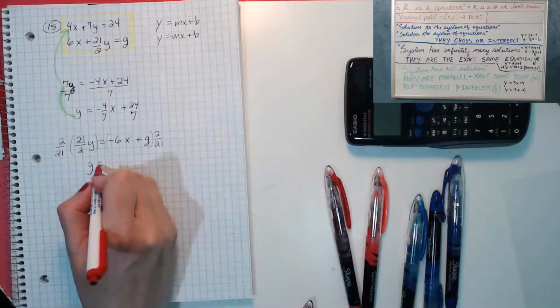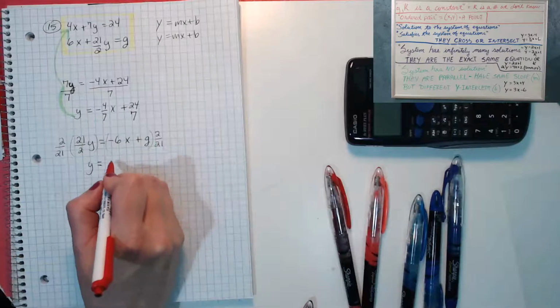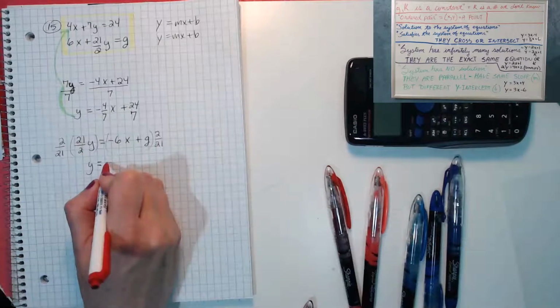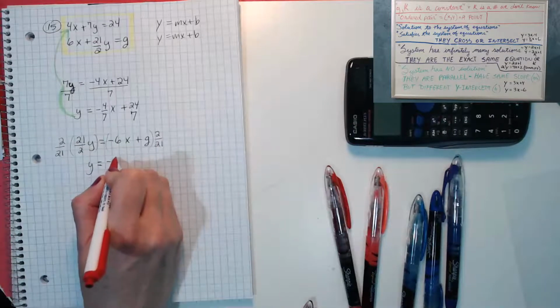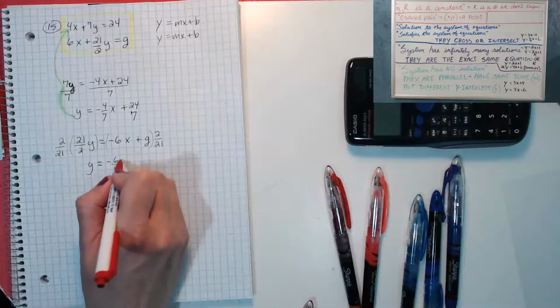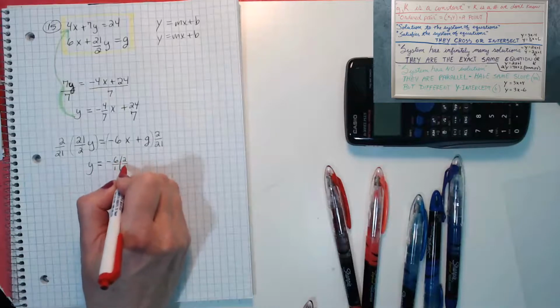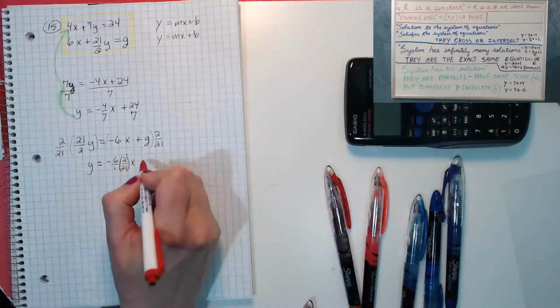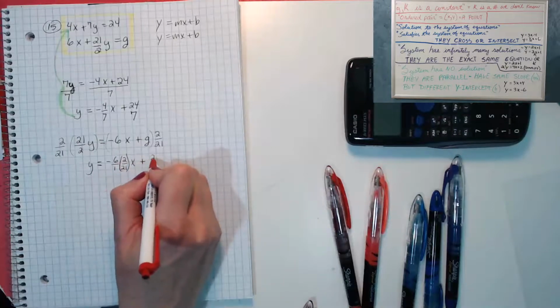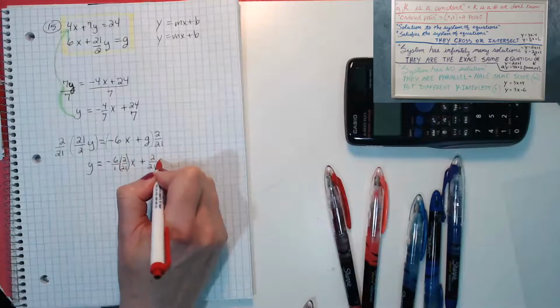Y equals, I'm going to write all this out. I'm not going to do this in my head for you. Equals negative 6 over 1 times 2 over 21x plus 2 over 21g.